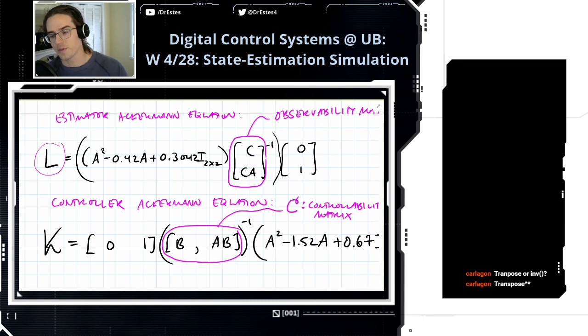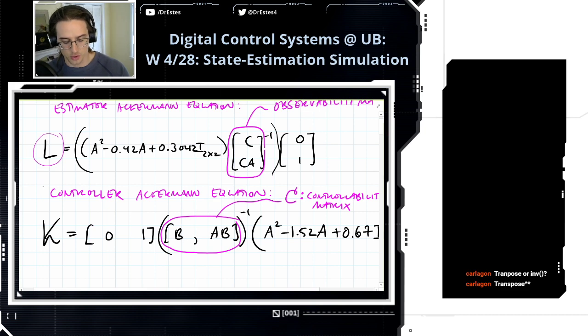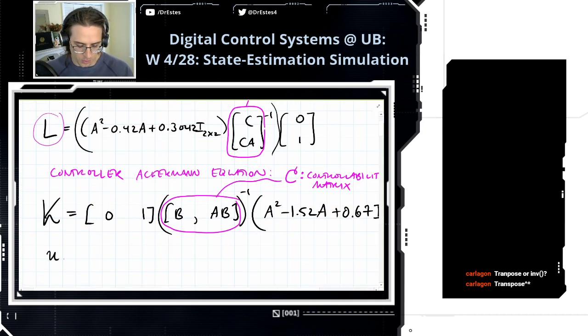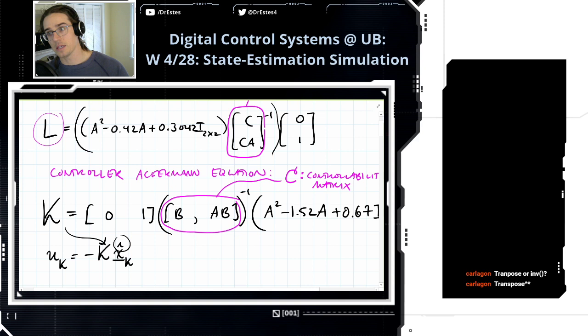And if I can't do that, then I can't give my state estimates to the controller because the control input at a given time step is minus this gain matrix times my estimated states. So whenever you see a hat, that means an estimate. So actually everything's tied together.